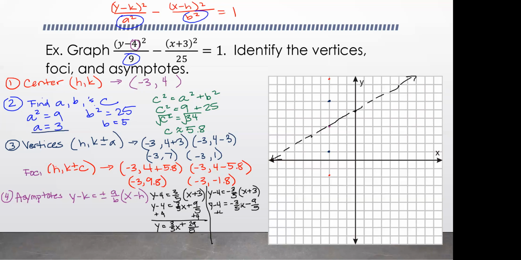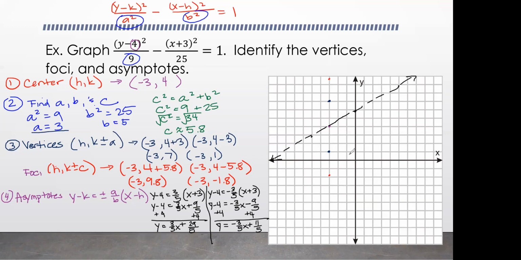Then I would add 4 to both sides, and y would equal negative 3/5 x, and when I do negative 9/5 plus 4, I get positive 11/5. So I have to do a little pre-algebra, adding and subtracting fractions there.